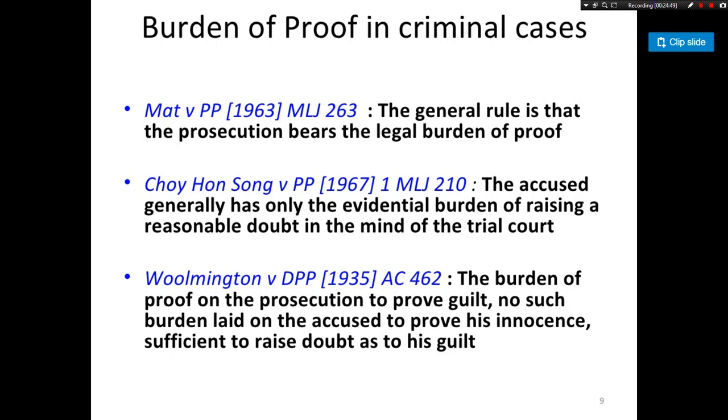The accused generally has only the evidential burden of raising a reasonable doubt in the mind of the trial court. Woolmington v DPP: the burden of proof is on the prosecution to prove guilt. No such burden is laid on the accused to prove his innocence, only sufficient to raise doubt as to his guilt.